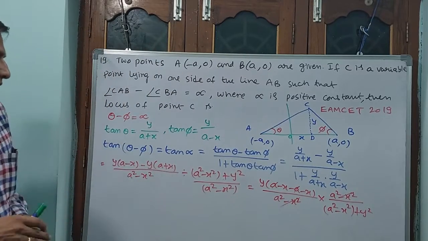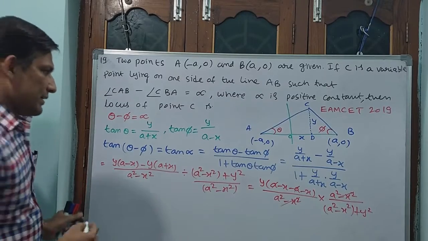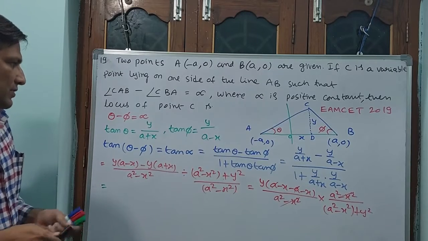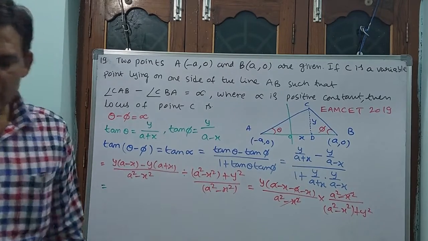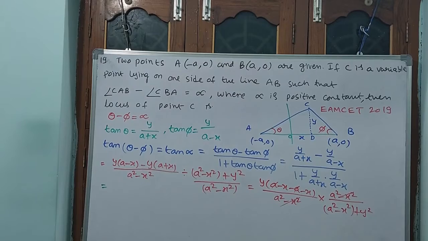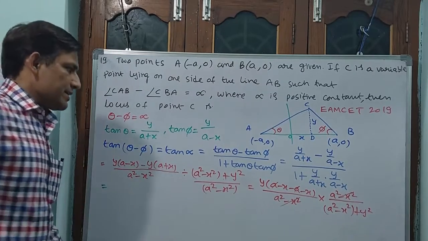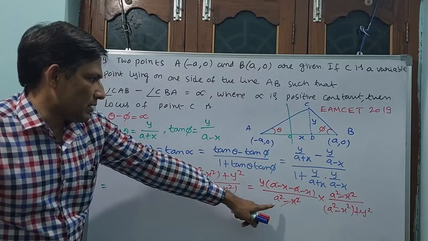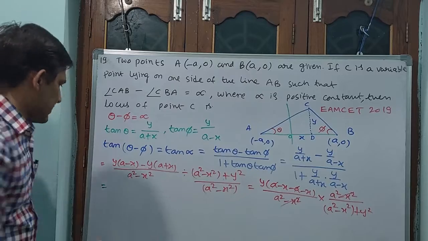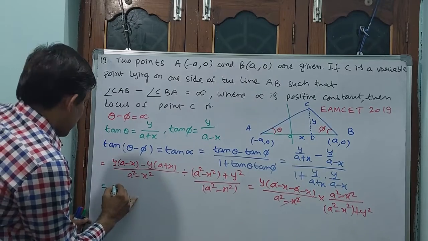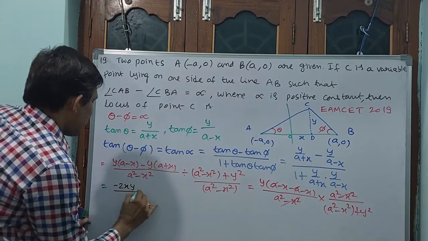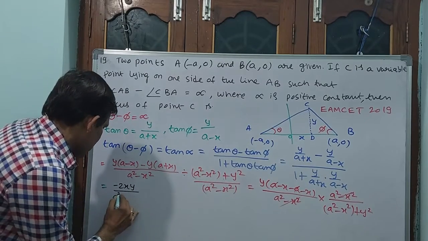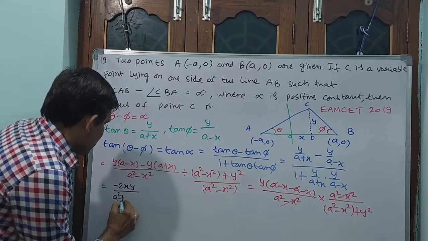Now you come back. That is equal to, one more line I can write: minus 2xy in the numerator, divided by a square minus x square plus y square.